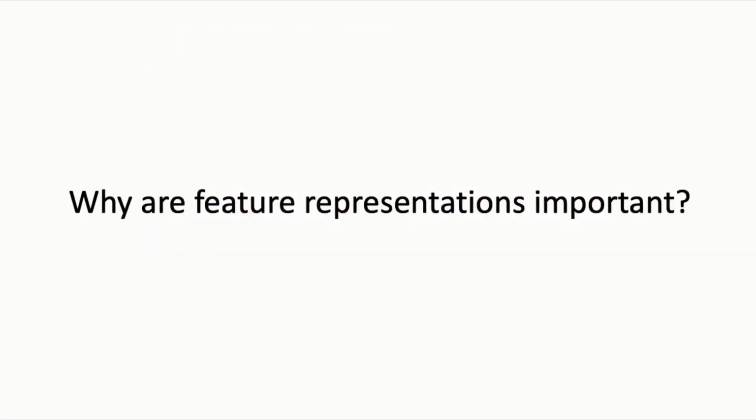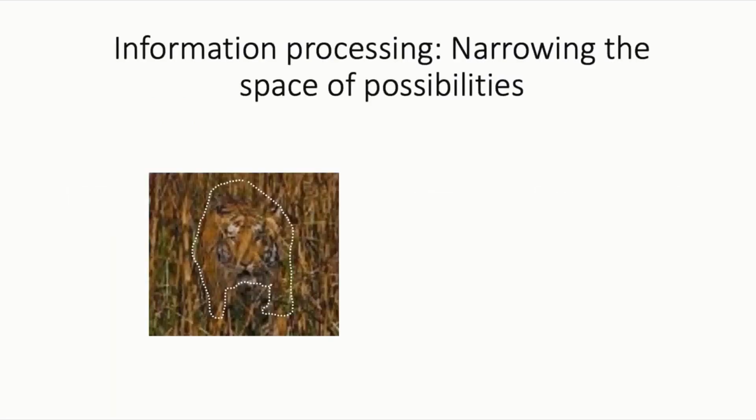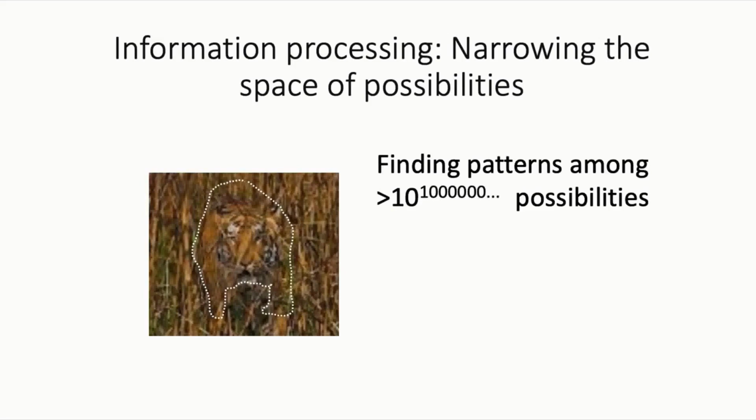I want to talk a bit more about why using an appropriate feature representation is so important for intelligent information processing. To do so, I'm going to go back to talking a bit more about biological neural networks in our brains. In our first lecture, we had said how information processing was about finding relevant structure by narrowing down from a subset of a much larger set of possibilities.